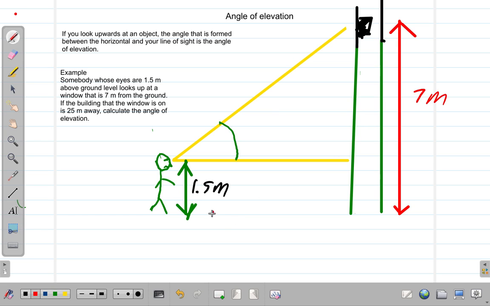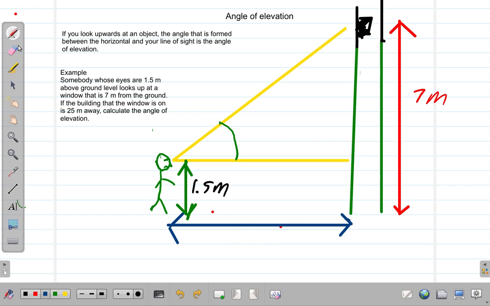And then the building is 25 meters away. So let us say that this distance from your eyes to the building is, no, not 7 meters, 25 meters.